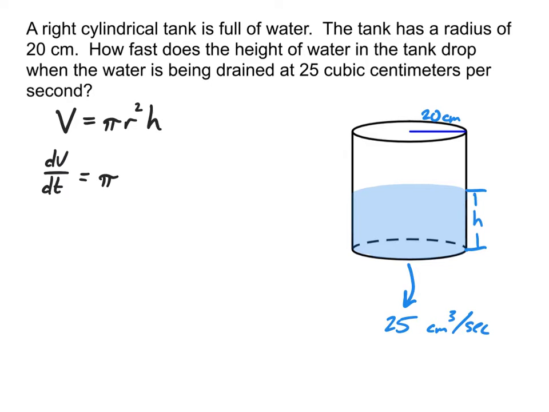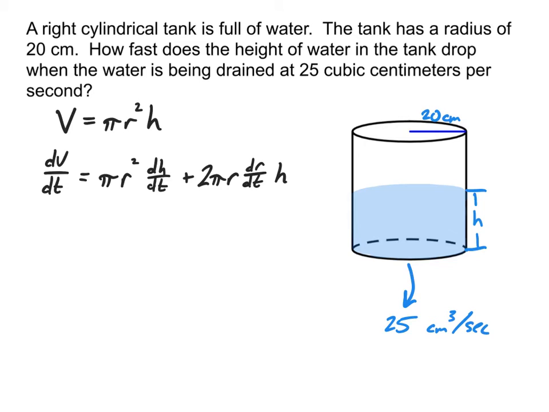I'm seeing it as the pi r squared being multiplied by the h. So I do the original, the pi r squared, times the derivative of h, which is dh over dt. Plus, now I'm going to do the derivative of pi r squared. That's going to give me 2 pi r, don't forget the dr over dt there, times h.